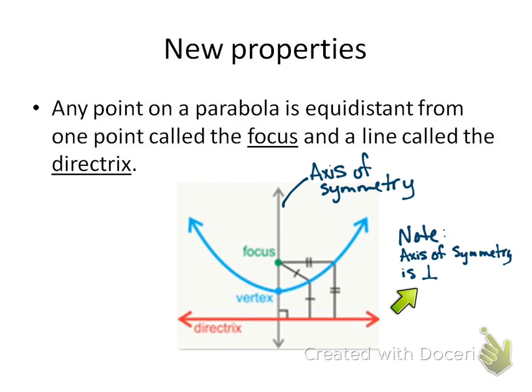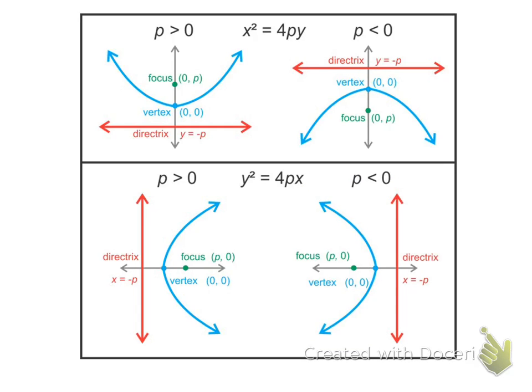Axis of symmetry is perpendicular, that's the symbol for perpendicular, to the directrix. This is on a specific page, and I think this is on 595.